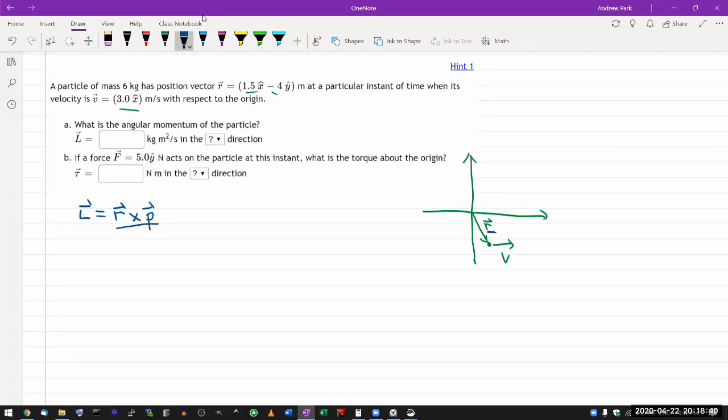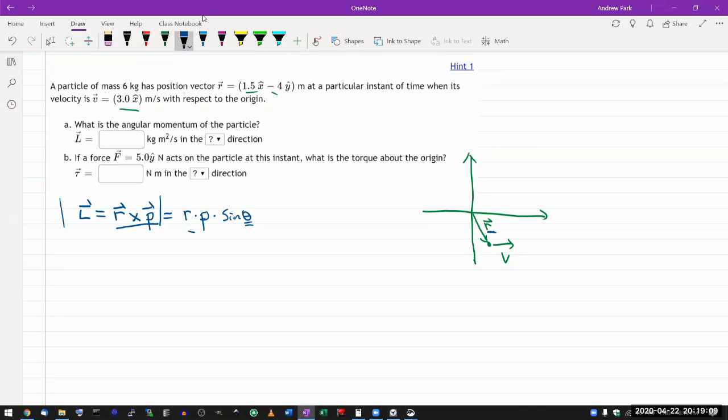The formula that I actually prefer, and I even call it the physics definition of cross product, is the one based on relative angles and magnitudes. It says the magnitude of this whole thing is equal to the magnitude of r times the magnitude of p times sine theta, where theta is the angle between them. That's the usual definition that we prefer.